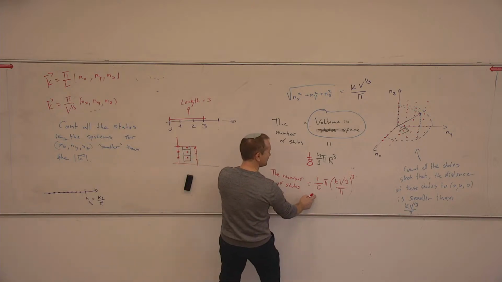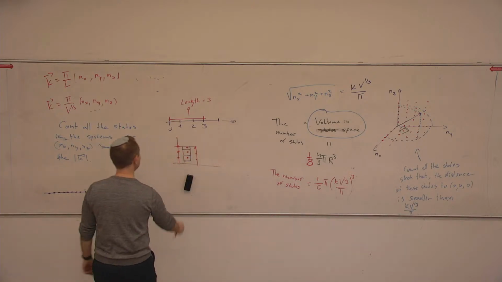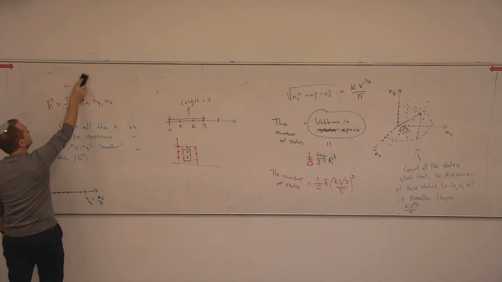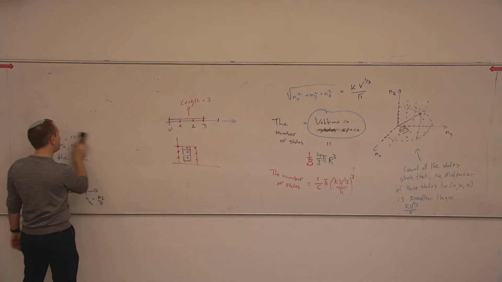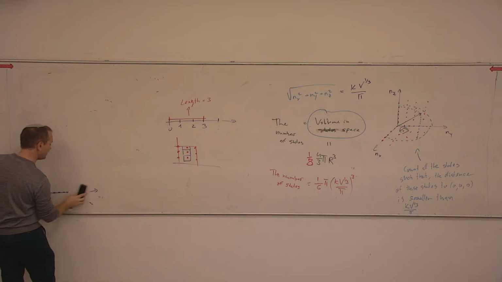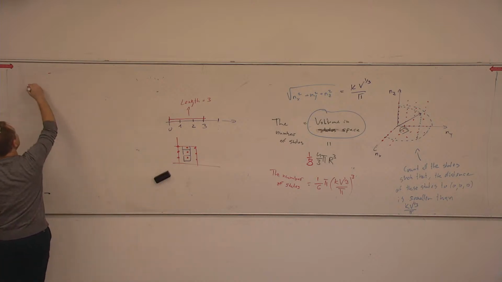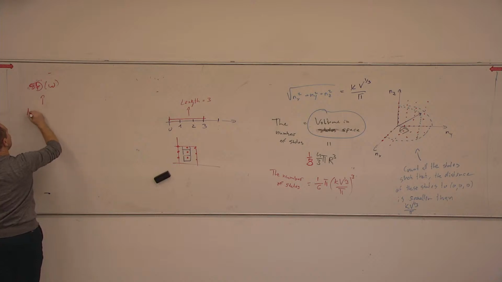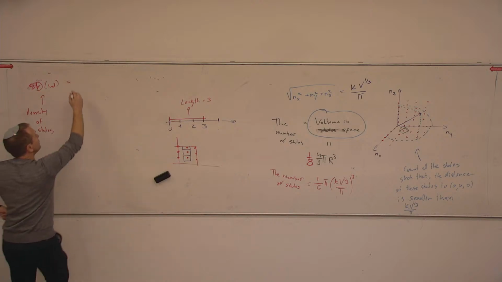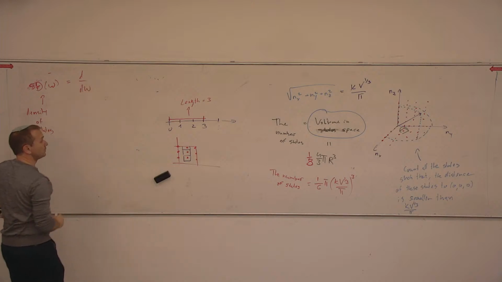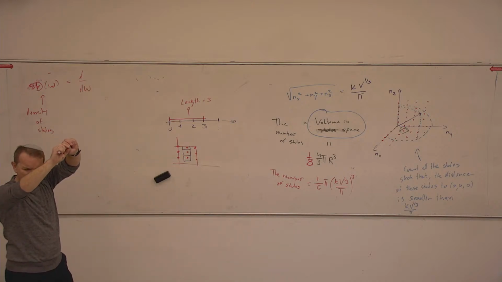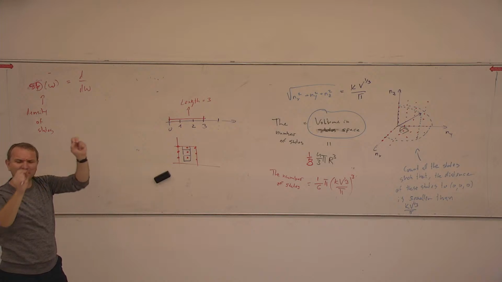So this is the number of states. Now let's calculate the density of states. Density of states is you take the total number of states and you take a derivative of this number of states with respect to omega. Let's call it D of omega, density of states, equals d/d omega, because then I only care how many states there are at a specific omega.